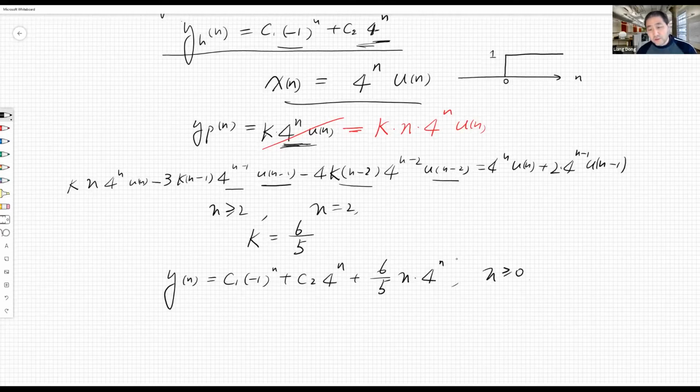It's a causal output. Now, what we can do is use our initial conditions to find C1 and C2. So before, we got y[0] and y[1]. As before, we calculate these from the original equation here.